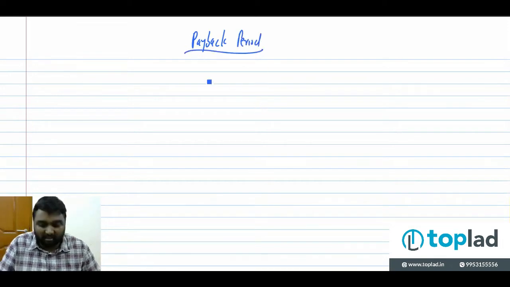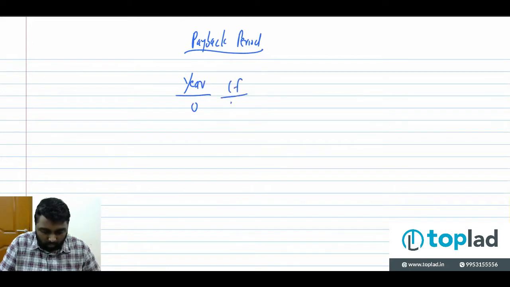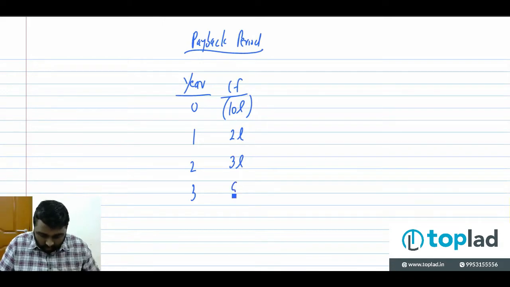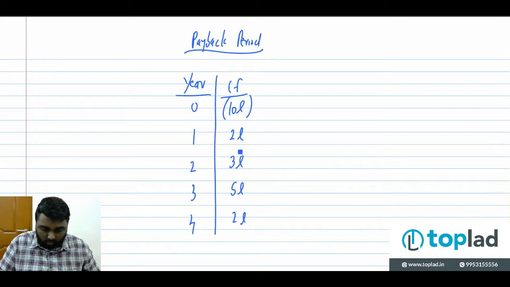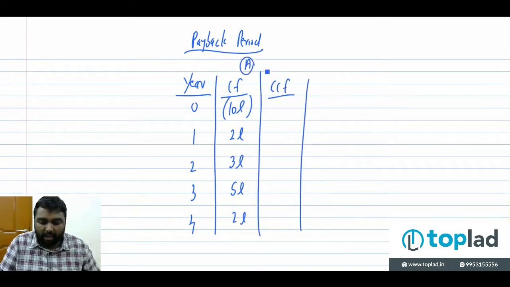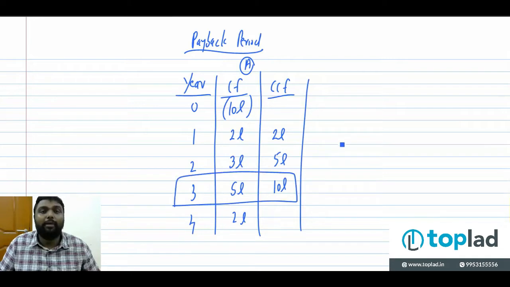I will tell you the example. This is project A. 2 lakh, 5 lakh, 10 lakh. Payback period is the third year.